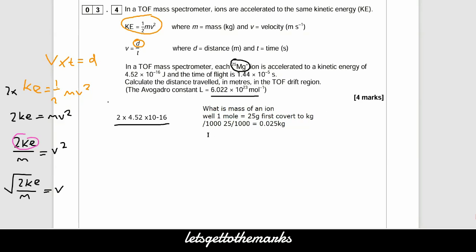Now, I've just worked out the mass of 1 mole. That's 6.022 times 10 to the 23 atoms. It's a lot smaller than that. I need to find out what's the mass of one ion. So I've got to take my 0.025 kilograms and divide it by L. L is Avogadro's constant, which is how many ions are in 1 mole.